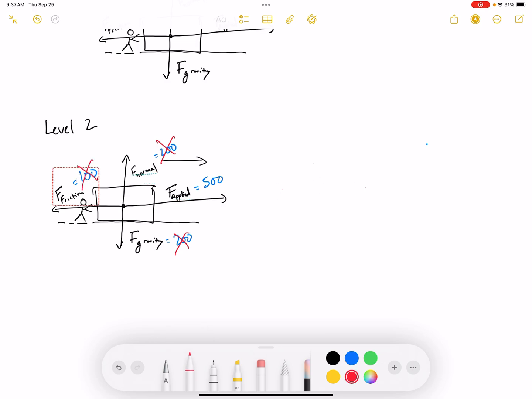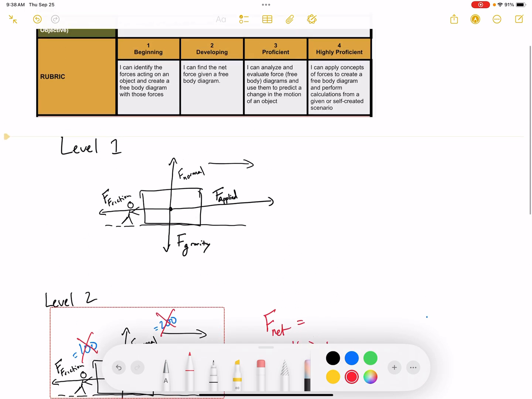After I cancel this one out and this one out, all I have left is a 400 Newton force going to the right. This is what I refer to as our net force. It's the only force that's left over after everything cancels out, and that's going to become important later. So that's our level 2 problem. Not terrible. We can definitely do this.